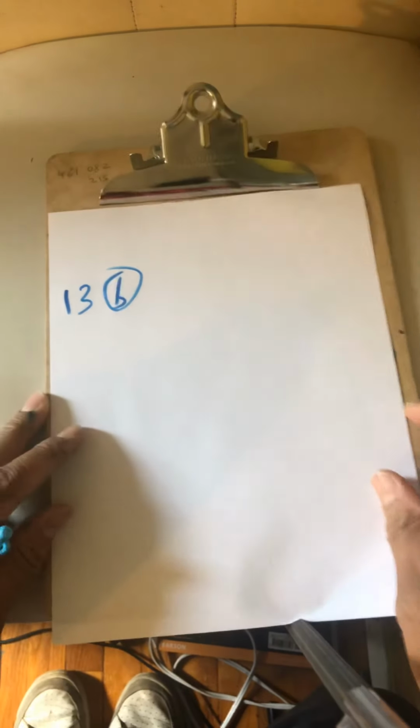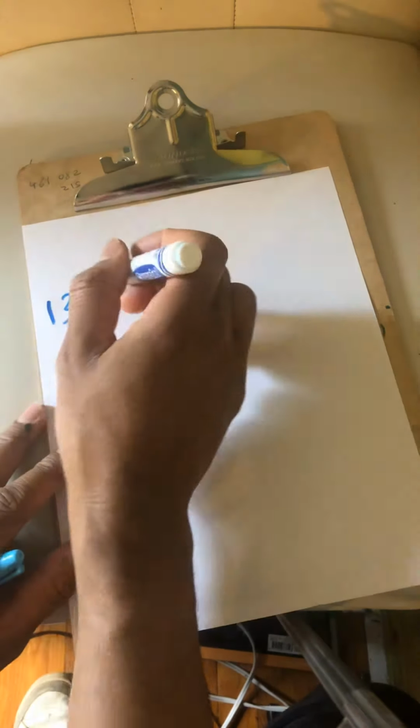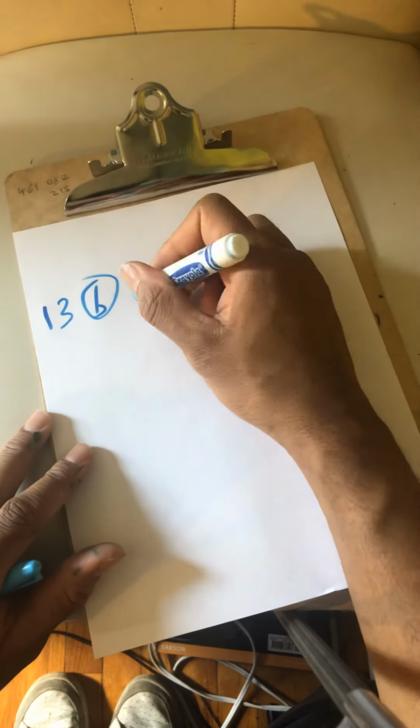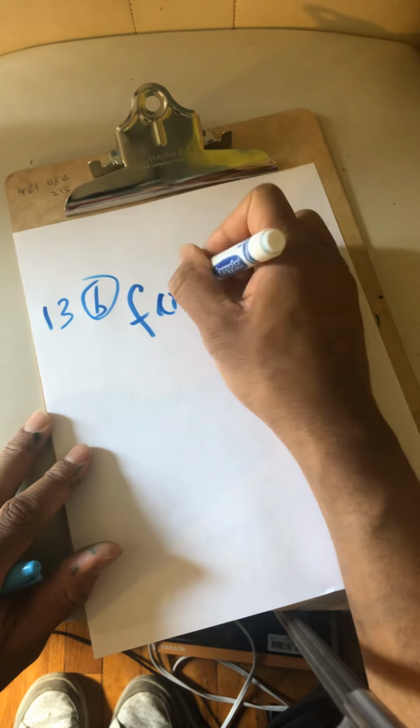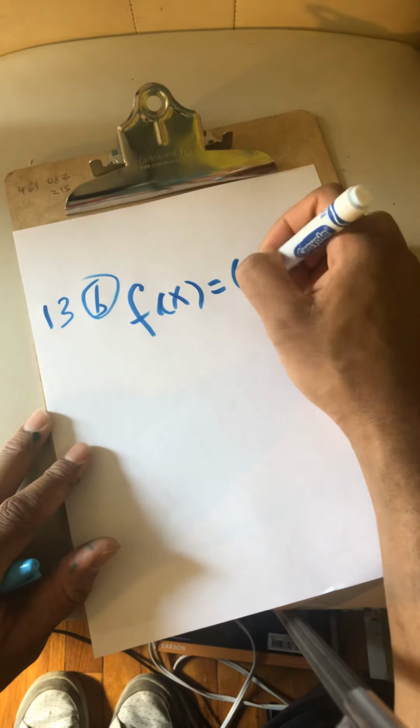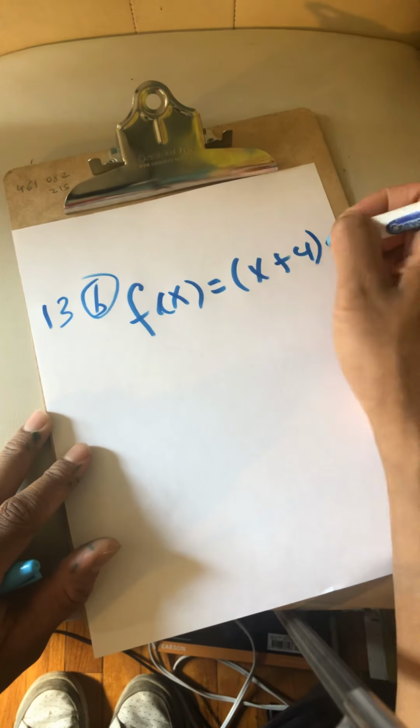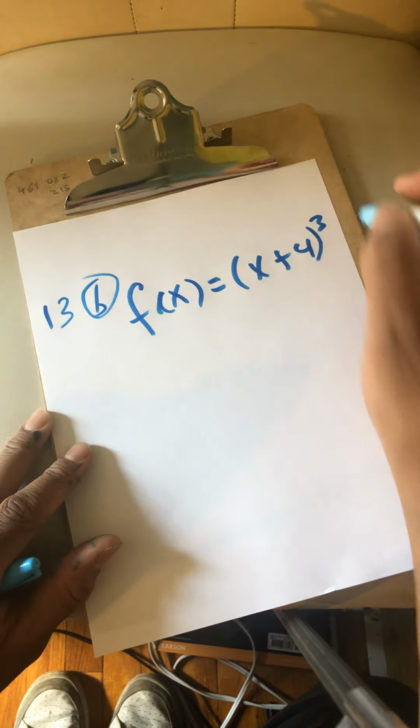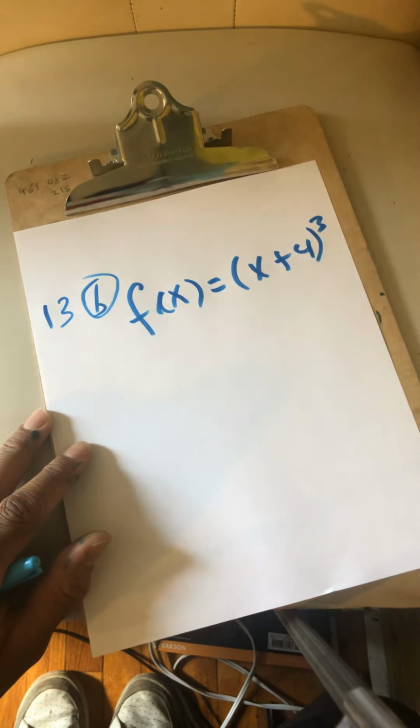What we want to show here is that f of x, which is equal to x plus 4 quantity cubed, and g of x, which is the cube root of x minus 4. We want to show that these two functions are inverses.